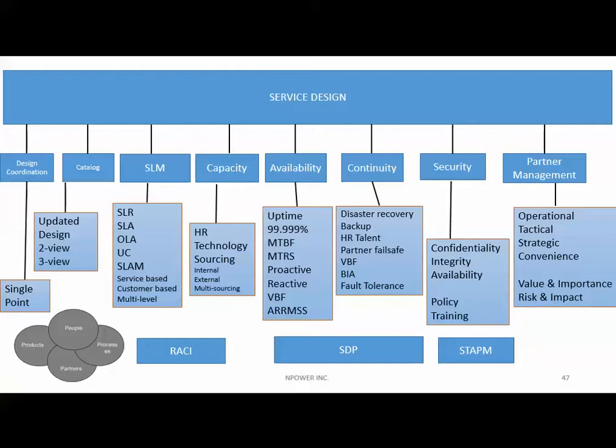So maybe the capacity manager is working with the partner management to ensure that we have capacity from a partner perspective as well, because I'm trying to look at this from the 4 P's perspective, right? And so I'm missing my partners here, but that's okay because they're over here. But out there, I'm thinking more of the actual managing of the relationship. The partnership has already been established.